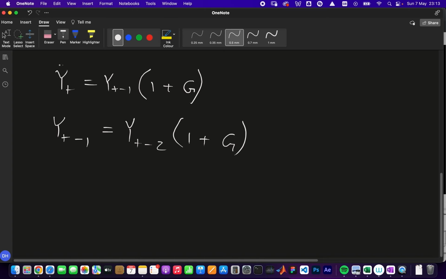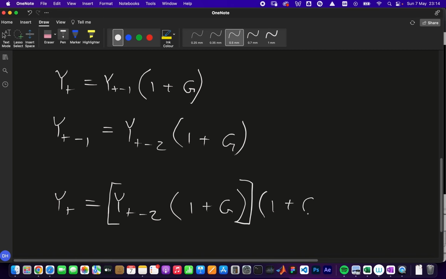So we can take this one here, I haven't circled that very well, and we can substitute it in for the yt minus 1. So we can say yt equals, in brackets, yt minus 2 times 1 plus g, times 1 plus g.